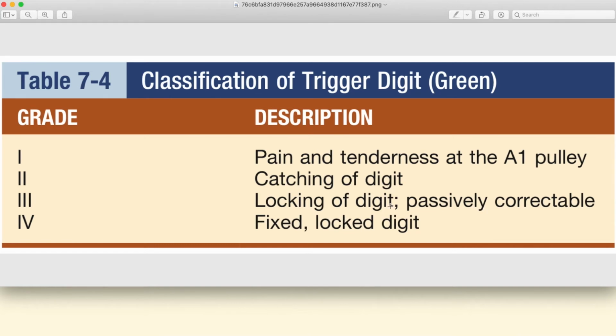It will lock the digit in a certain position, but in grade 3 the condition is still passively correctable. In grade 4, the condition is locked and fixed, and it is no longer passively correctable.